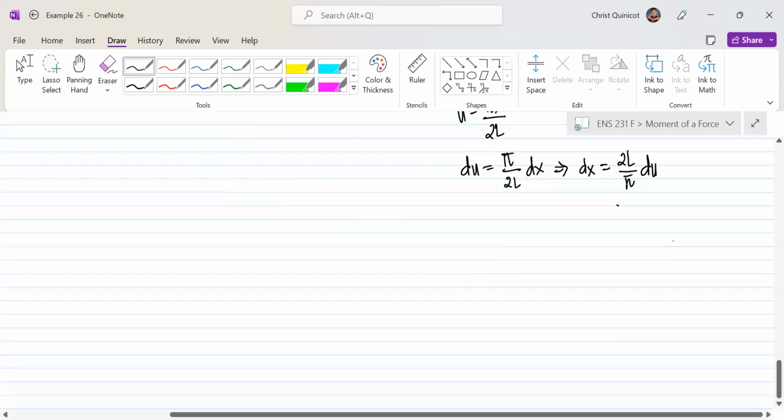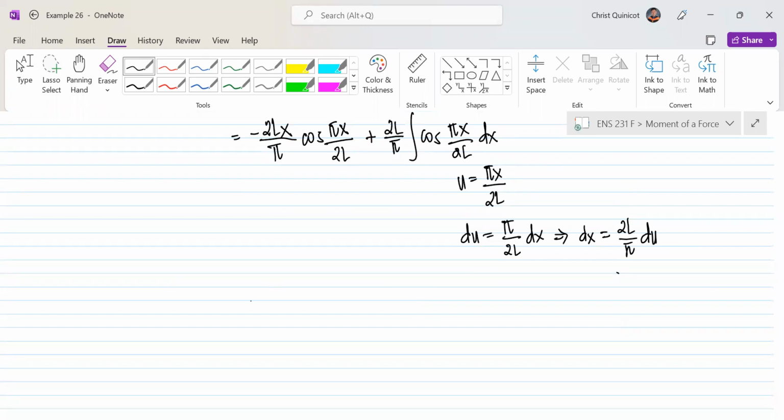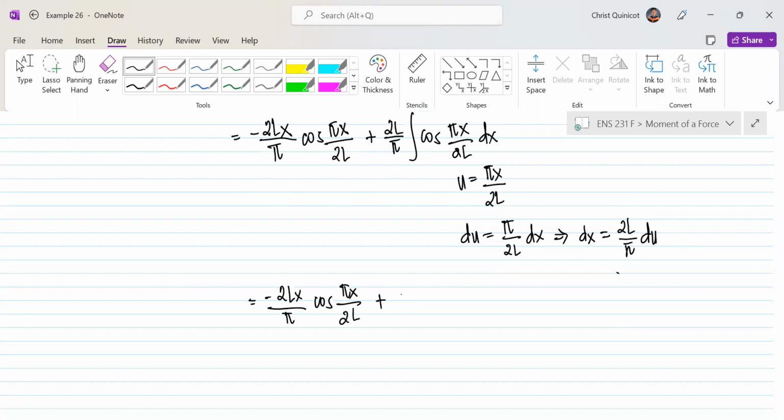So our final answer, and we know the integral of cosine is sine, is equal to negative 2Lx over pi cosine pi x over 2L plus 2L over pi times the integral of cosine u times 2L over pi du.